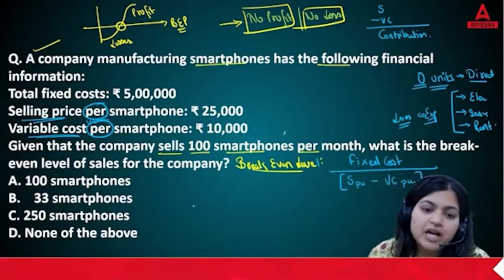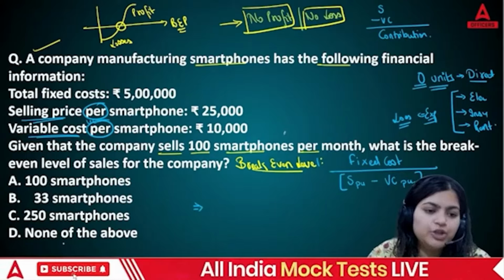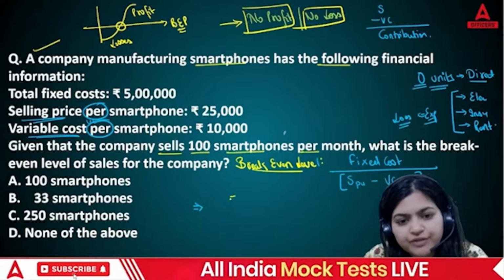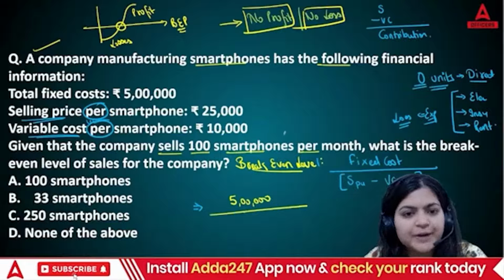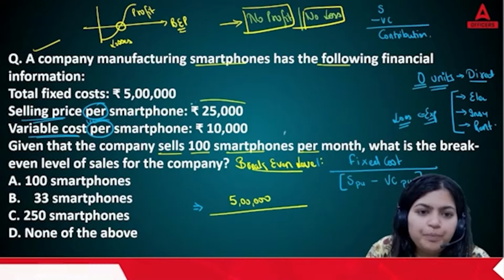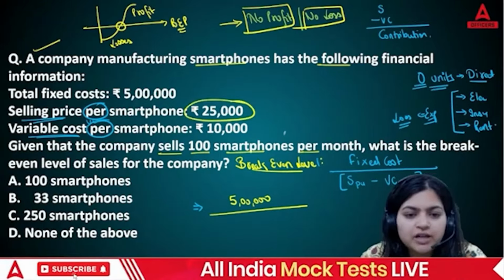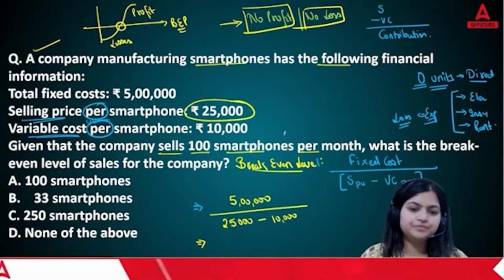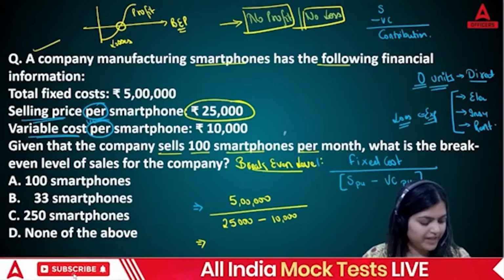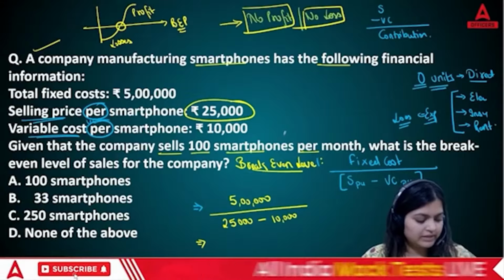Chaliye. Now, let's use your given data. So total fixed cost is equal to 5 lakhs divided by, per smartphone selling price is 25,000 minus 10,000 variable cost. So what is the answer here? 15. Okay, 5 lakh divided by 15,000.